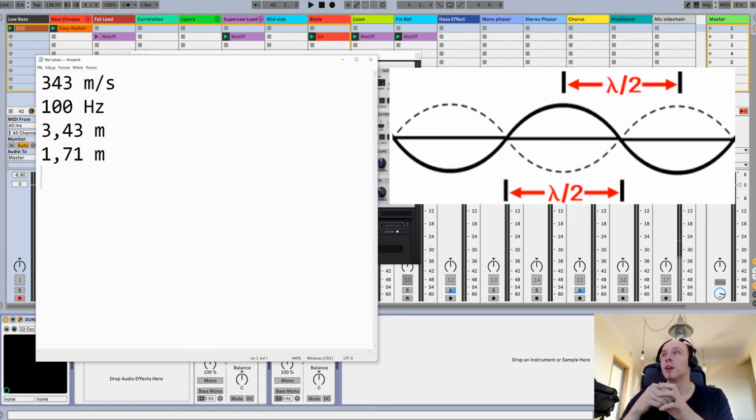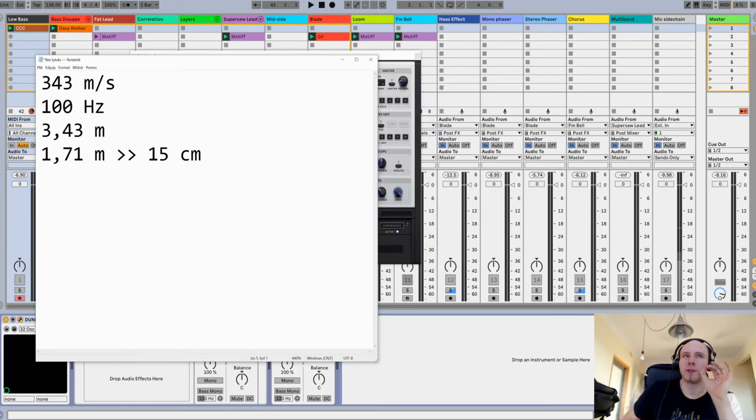But if we try to receive this kind of sound wave in open air, it's impossible. Simply because the half wavelength is much longer than the distance between our ears.